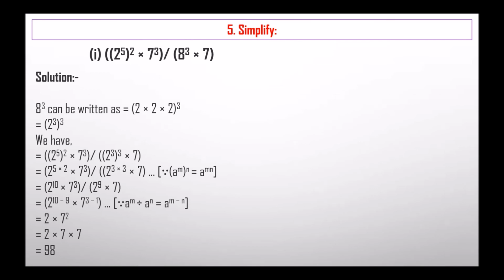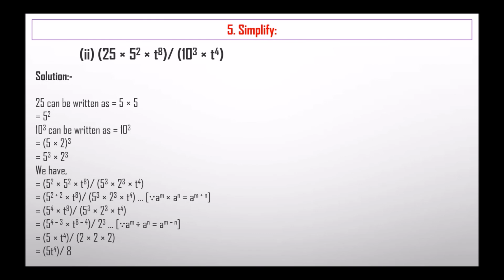So 2 raised to 10 into 7 cube divided by 2 raised to 9 into 7. Now 2 raised to 10 minus 9 into 7 raised to 3 minus 1. So 2 raised to 1 into 7 raised to 2. So 2 into 7, that is 98.